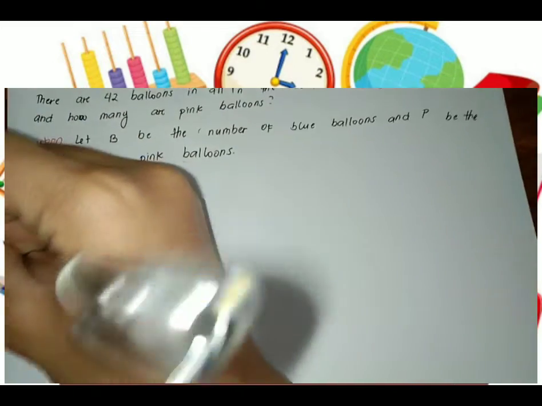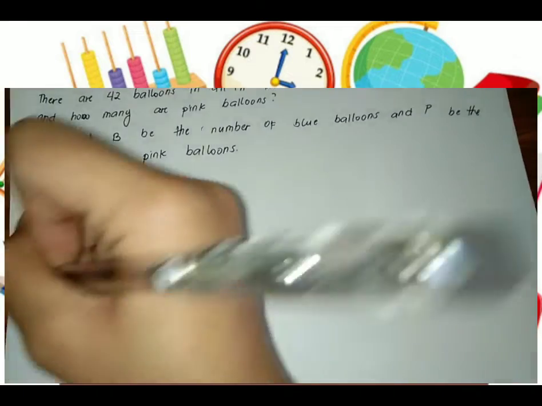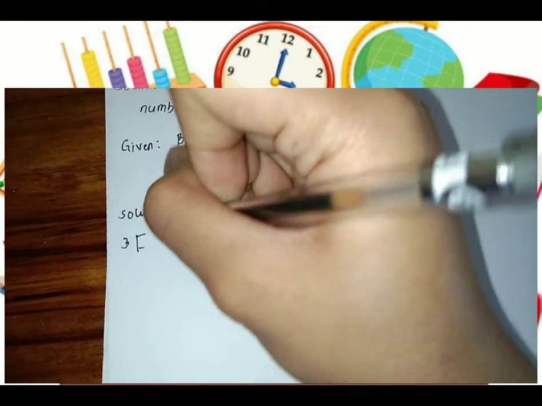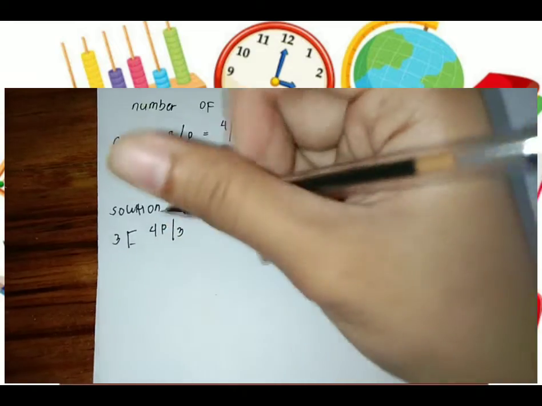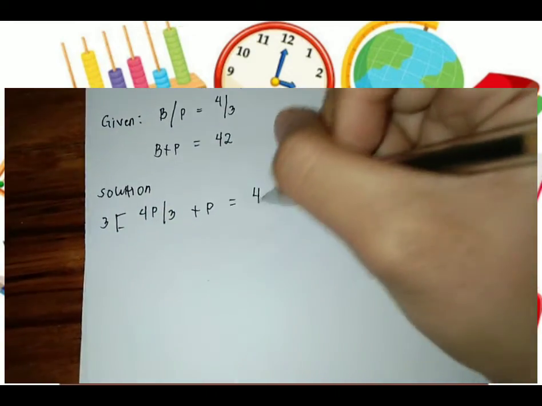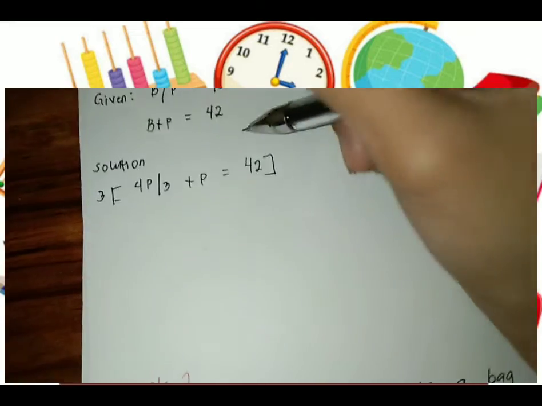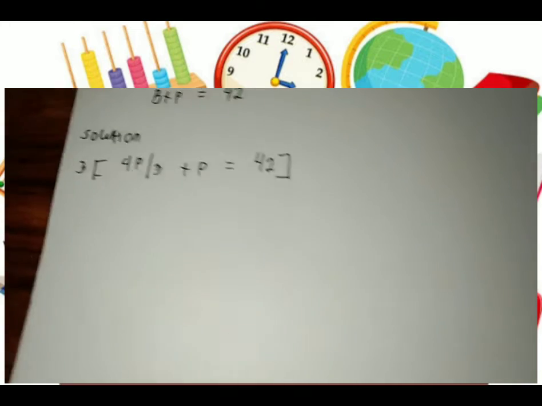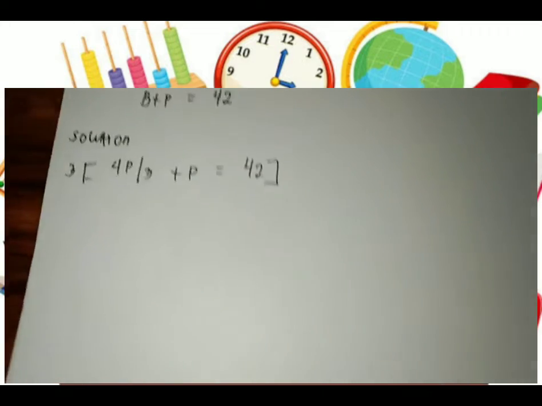So the solution is 3 times (4P divided by 3 plus P is equal to 42). Now we multiply the 3 into both sides.